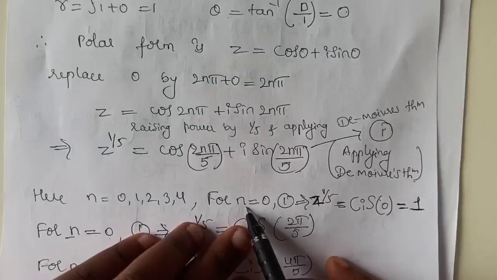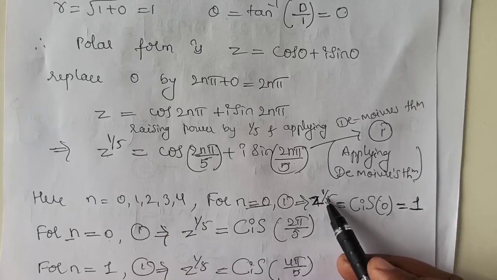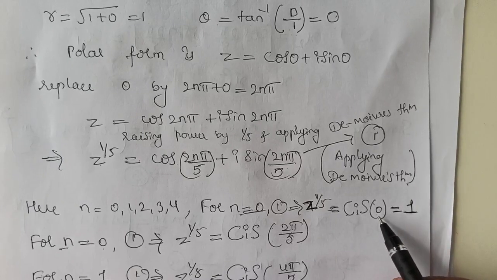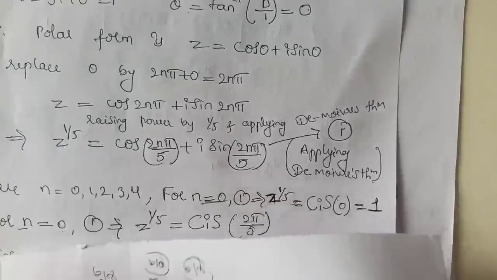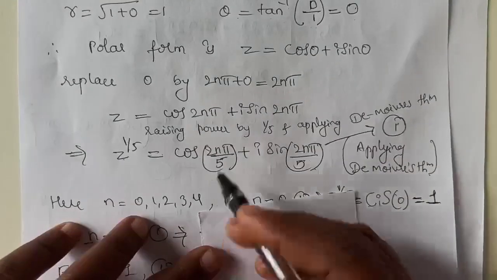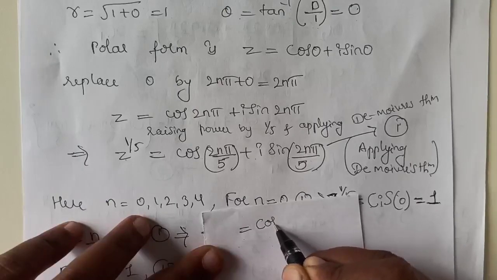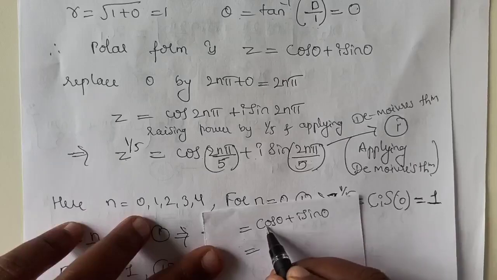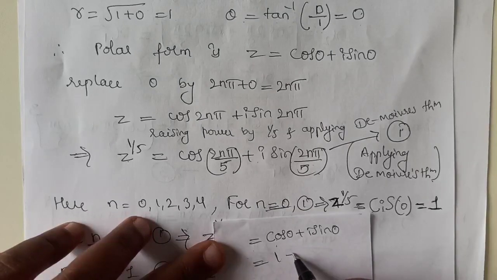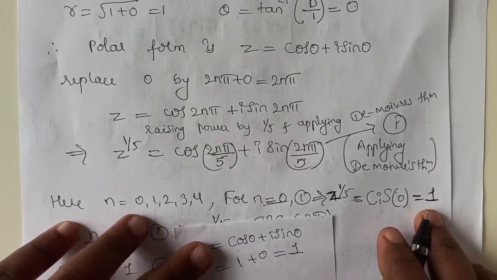For n equals 0, we get z power 1 by 5 equals cis of 0. Cis of 0 means cos 0 plus i sin 0. We get cos of 0 equals 1 plus i sin 0 equals 0, therefore it is equal to 1. So for n equals 0, we get 1.